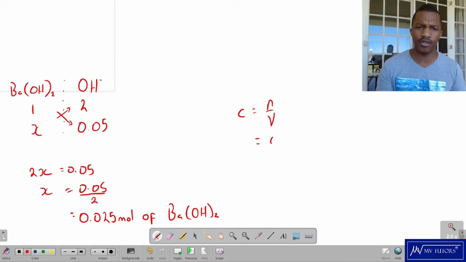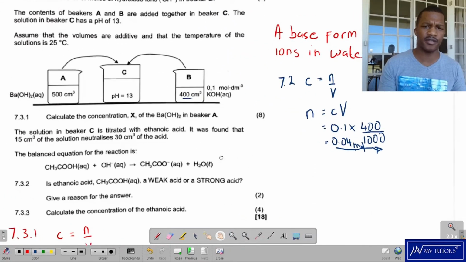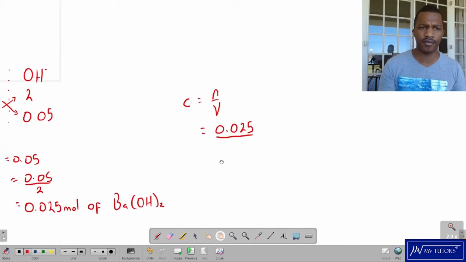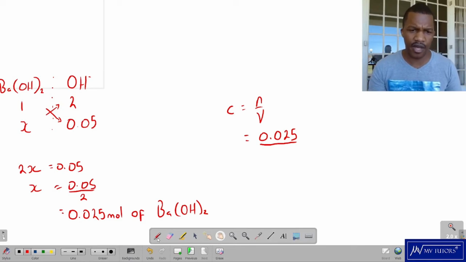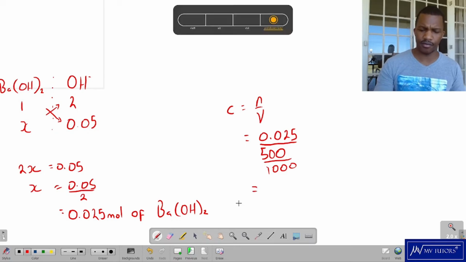Number of moles is 0.025 divided by the volume in A. What's the volume in beaker A? It's 500, so it's divided by 500, and to convert it we need to divide it by a further 1000.